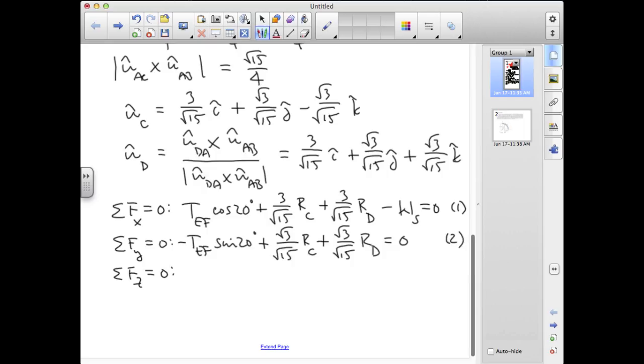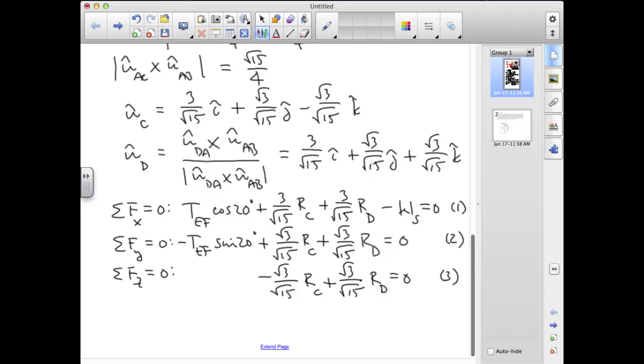And then finally, in the z direction, we simply have minus root 3 over root 15 RC plus root 3 over root 15 RD equals 0. Call that equation 3. And that last equation is telling us that we have the same reaction magnitude on either side of this channel, and that's not surprising.